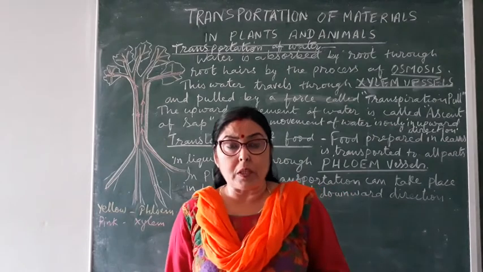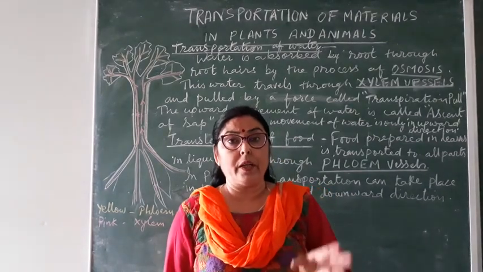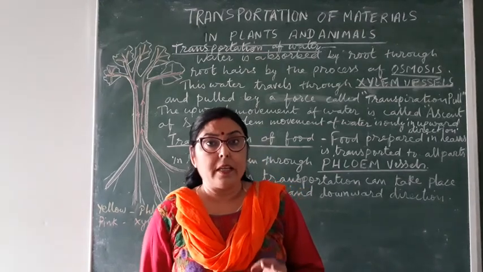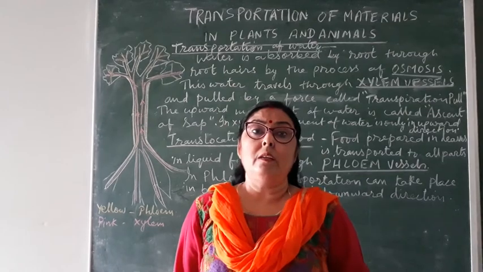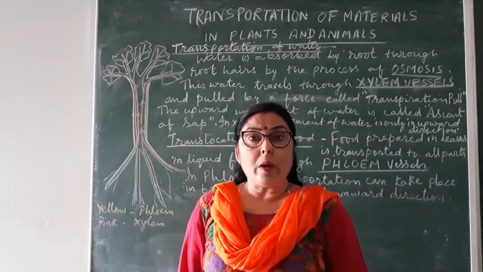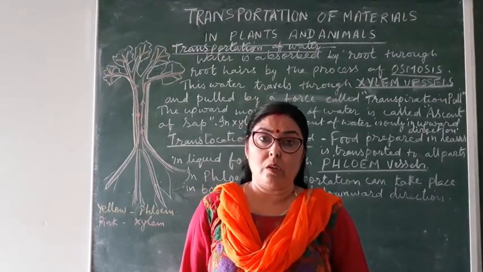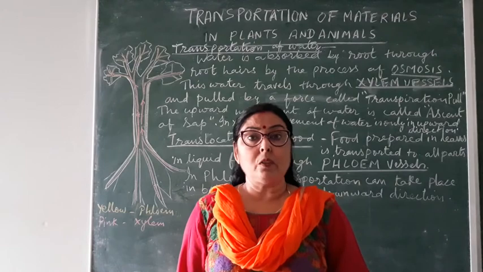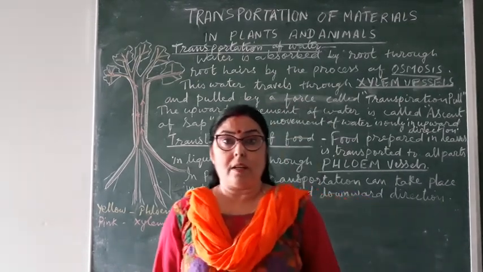What is transpiration pull? We all know water is evaporated through the stomata, because water is absorbed in huge amounts by a plant, and the plant only utilizes 15% of that water. 85% of the water is evaporated through the stomata by plants.